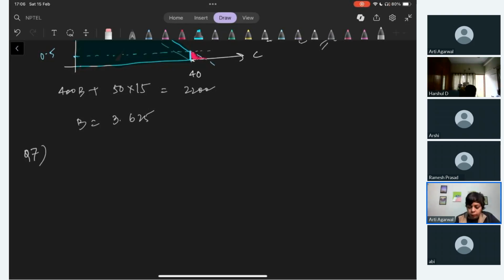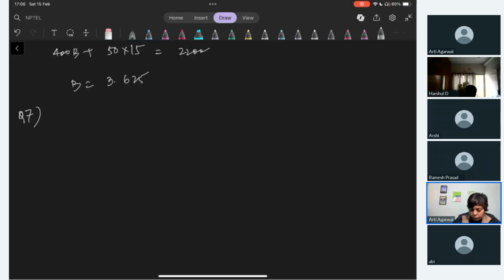Okay, so let's write down all the variables. Price of flour, let's say flour Y is equal to rupees 50 per kg.